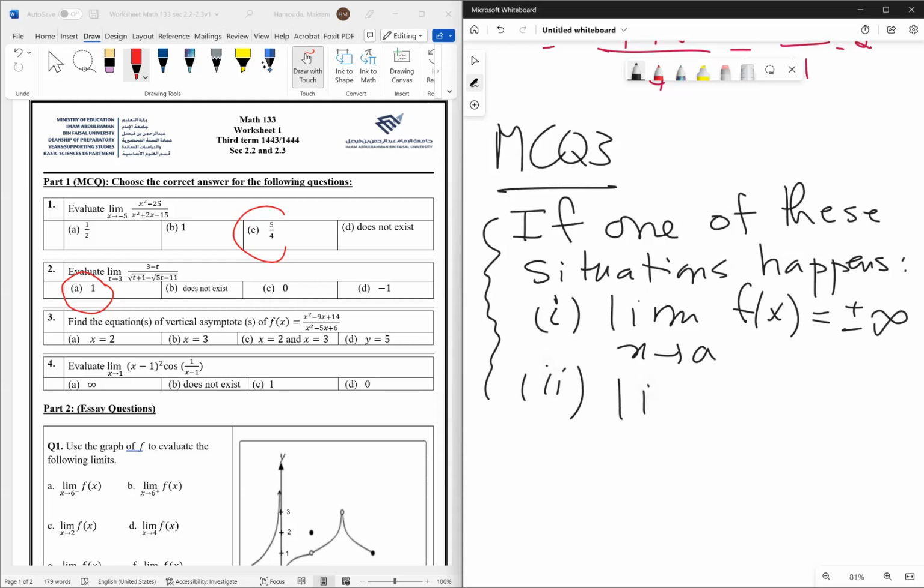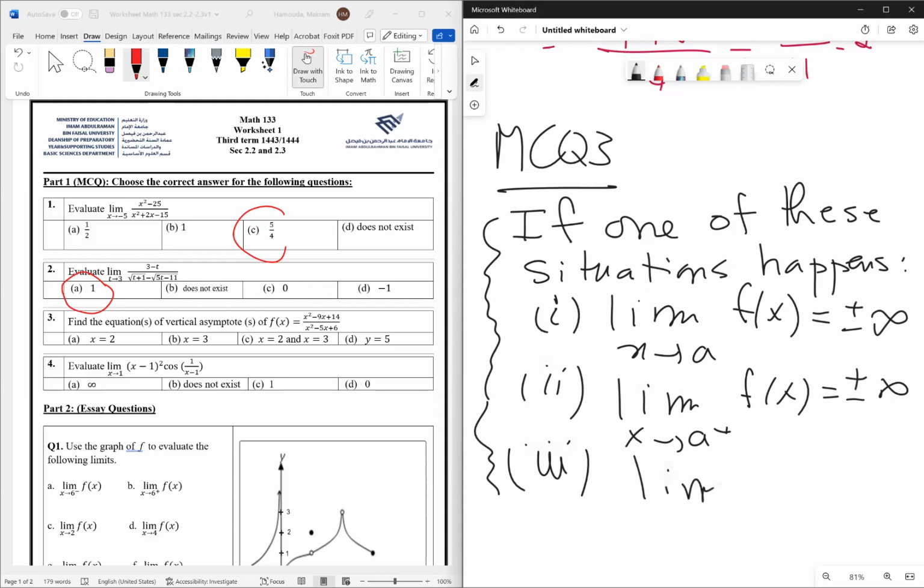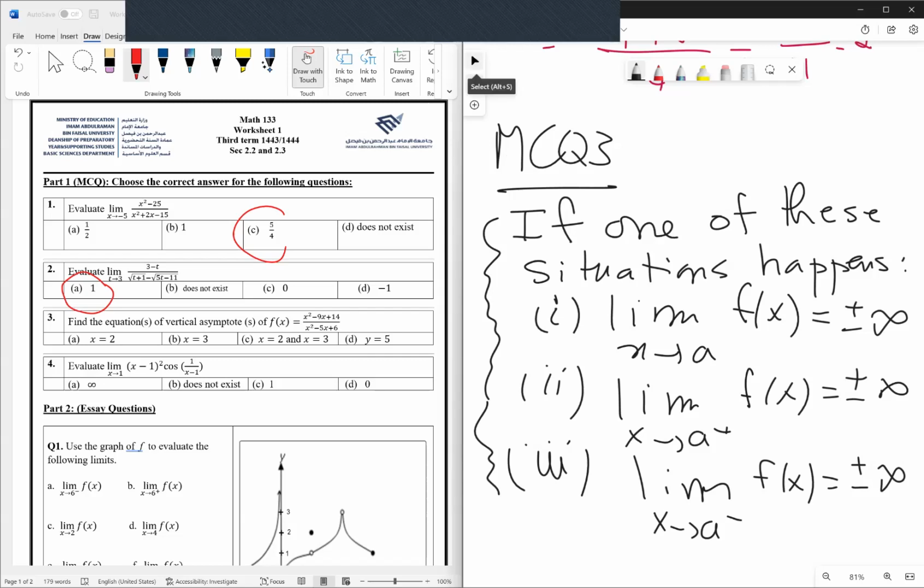Two, limit f of x, x approaches a plus equal to plus or minus infinity. And third, limit f of x when x approaches a minus is equal to plus or minus infinity. Then I can conclude that x equal to a is a vertical asymptote.